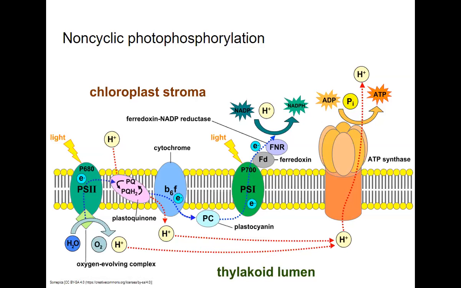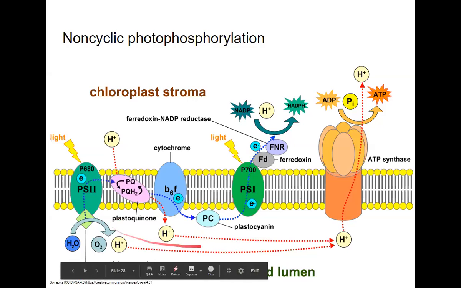Another way to think about it is a lake of protons, and we have a dam with a turbine or a generator, and that dam allows water to flow down. It turns the turbine and produces electricity. We're gonna do something very similar here. So we're gonna build a lake of protons in a lumen by this pumping action.